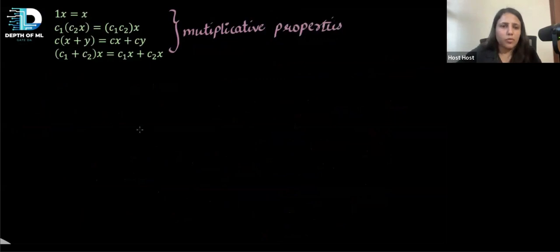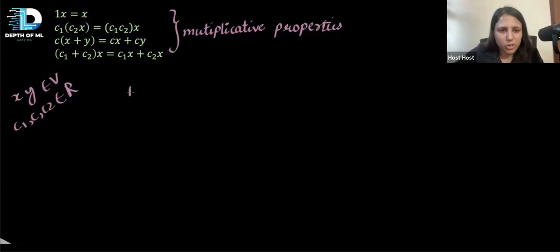For any x and y that belong to V, and c1 and c2 belong to R. What it's saying is that if I multiply a vector with 1, then I should get back the vector itself.